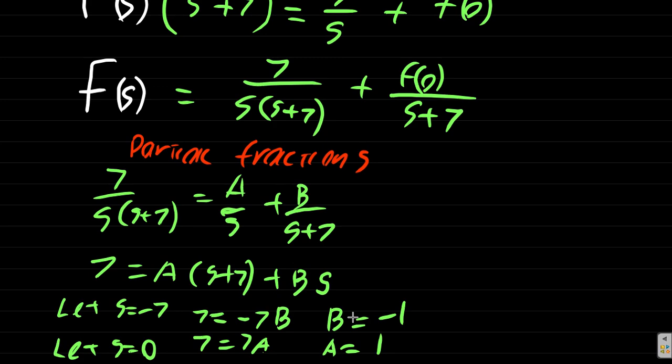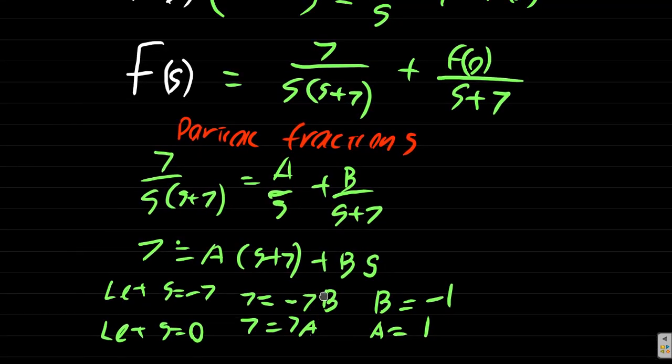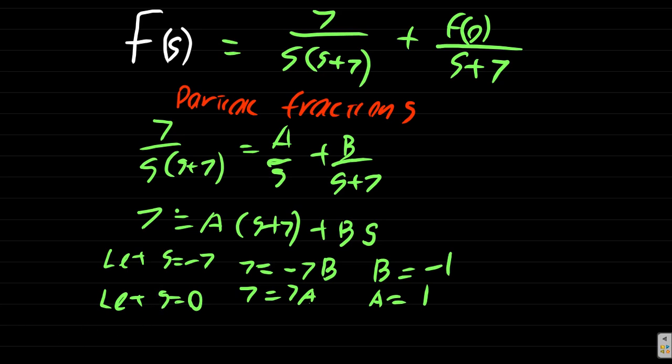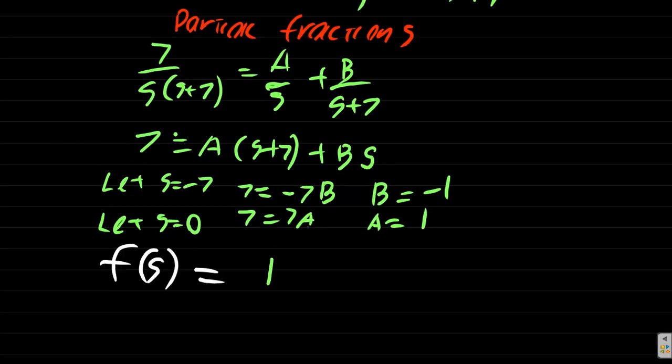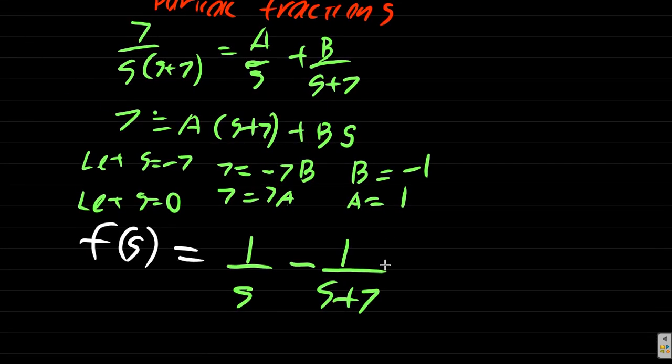Now, if we have this, then our f of s would be equal to, in this case, a, which is 1 over s, plus negative 1, which is minus 1 over s plus 7, plus f of 0 over s plus 7.